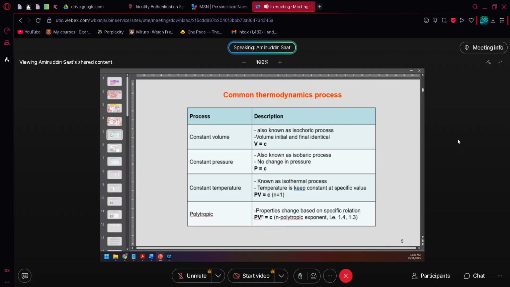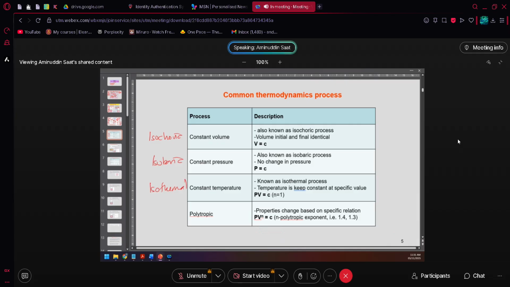In the early chapter 1, we learned about several processes, known as isochoric, constant volume; isobaric, constant pressure; isothermal.